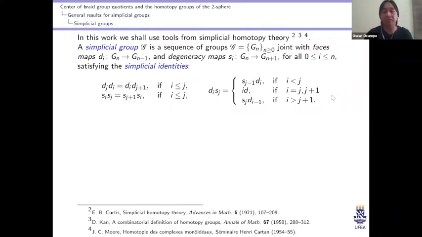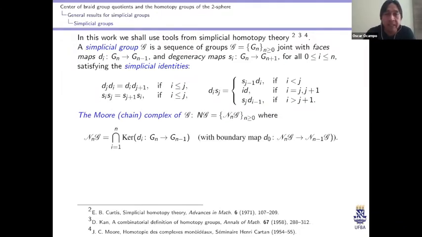So this structure is a simplicial group, and we may obtain the Moore complex of this simplicial group, just taking the intersection of the kernels of these face maps. We don't consider here the case i equal to 0 because this is the boundary map.